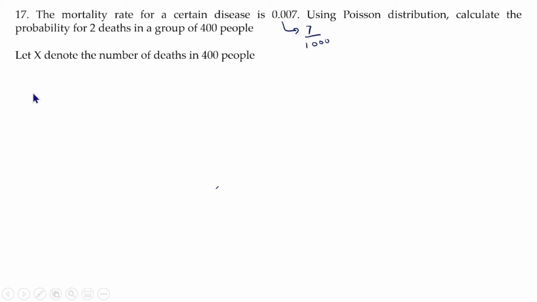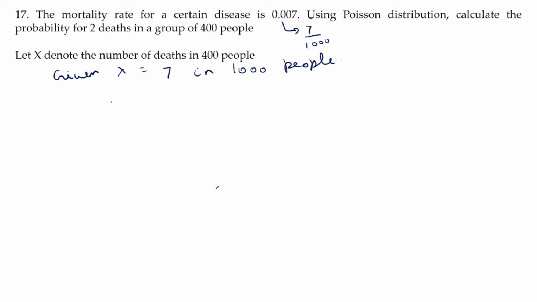So let us take, let x denote the number of deaths in 400 people. Given lambda equal to 7 deaths in 1000 people, we need to find the deaths in 400 people.